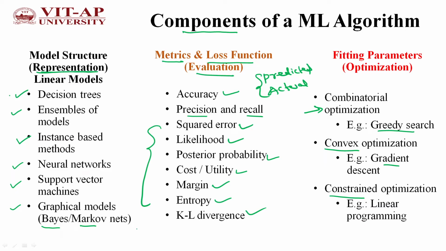So when we are designing an ML model, we have to take any one component from models and any one component from metrics and loss function, and any one component from optimization methods. So we should consider these components when we are designing the ML algorithm.